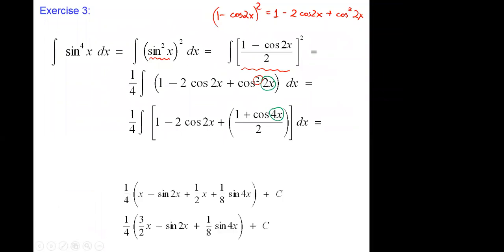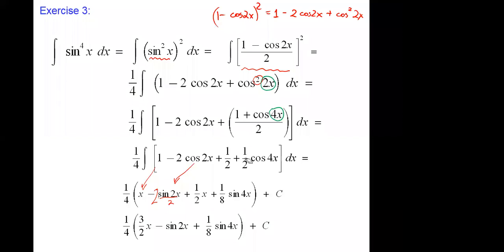Okay, now let's integrate. Integral of 1 is x. Integral of cosine of 2x is sine of 2x over 2, but we still had 2. And now, I did divide by 2, that means we have 1/2, and cosine of 4x times 1/2. Integral of 1/2 is just 1/2 x.